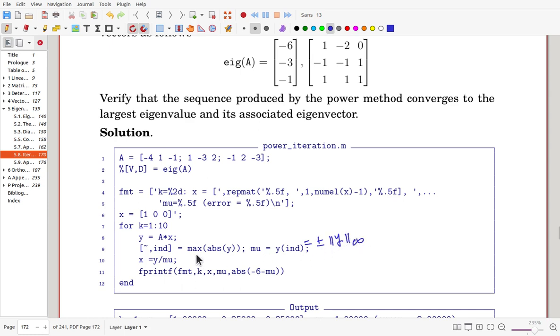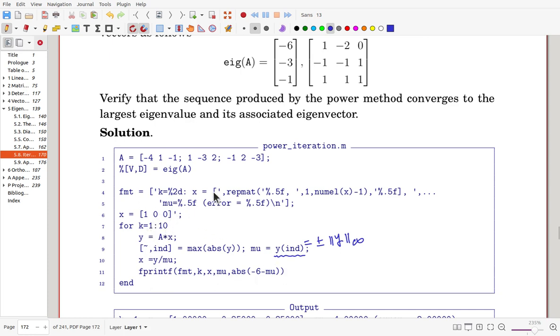So once the corresponding position value is negative, then it will be negative. And if it is positive, then you will have a positive, because we are getting the value practically from the position. Okay. After getting mu, we just scale the vector y. Then we assign, we get new x. And each iteration, we try to print out from 1 to 10.